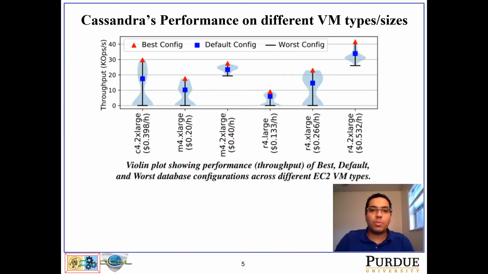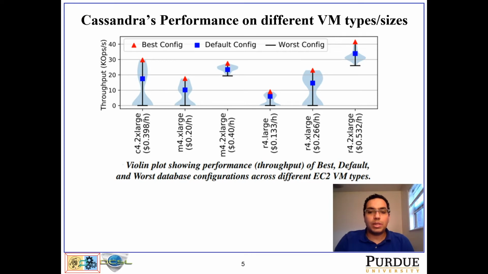Now, to show how important it is to jointly tune these two spaces, we benchmark one Cassandra server with a 30-minute trace from one of our three workloads, which we will discuss in a few slides, on 6 different EC2 VM types and sizes. For each type and size, we use 300 different database configurations selected through grid search.